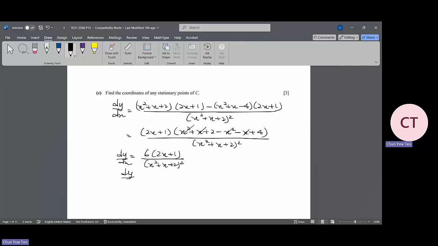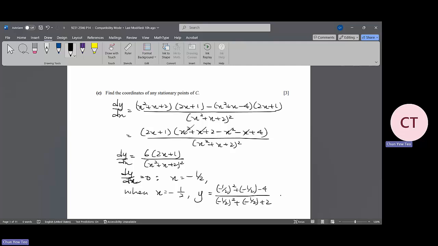So your dy/dx equal to 0. That means x is negative half. And when x is negative half, you need to find y. Just replace x inside: negative half squared plus negative half minus 4, divided by negative half squared plus negative half plus 2.